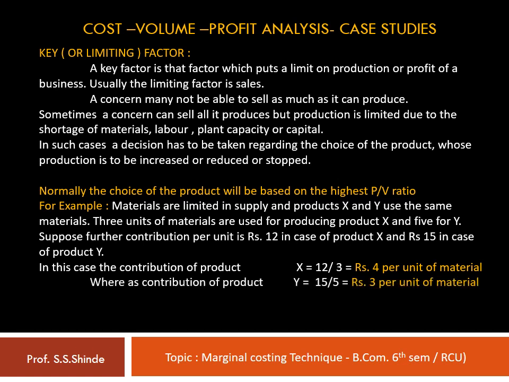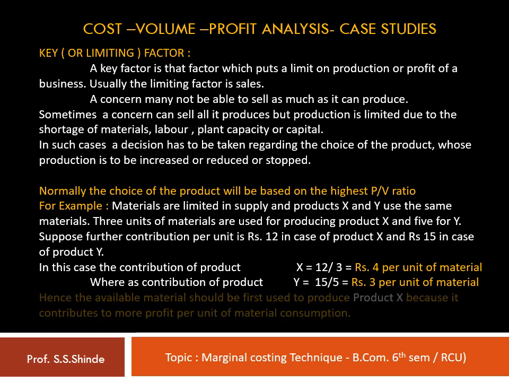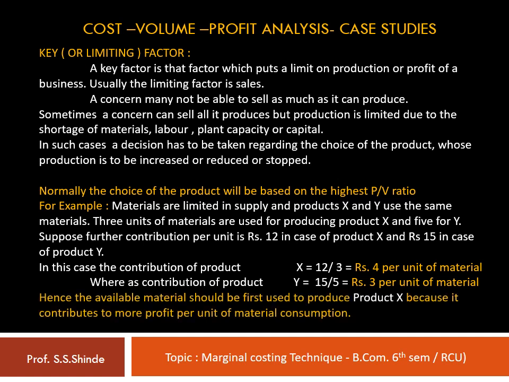Whereas contribution of product Y would be 15 rupees divided by 5 units, that's equal to rupees 3 per unit of material. Hence, the available material should be first used to produce product X because it contributes more profit per unit of material consumption.